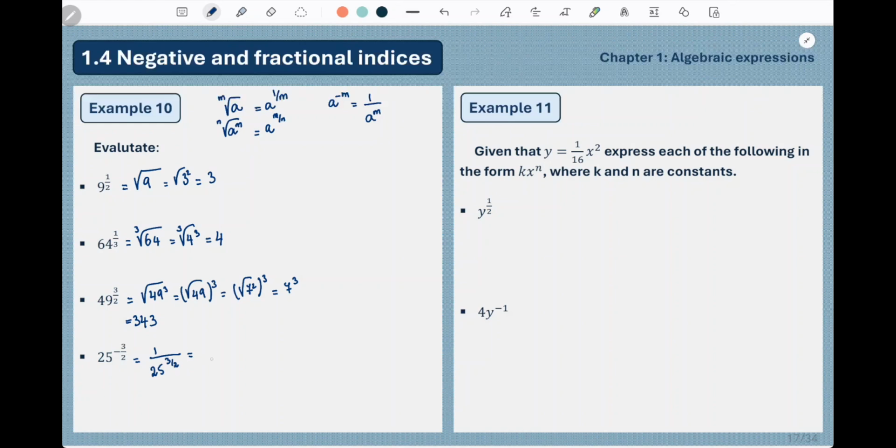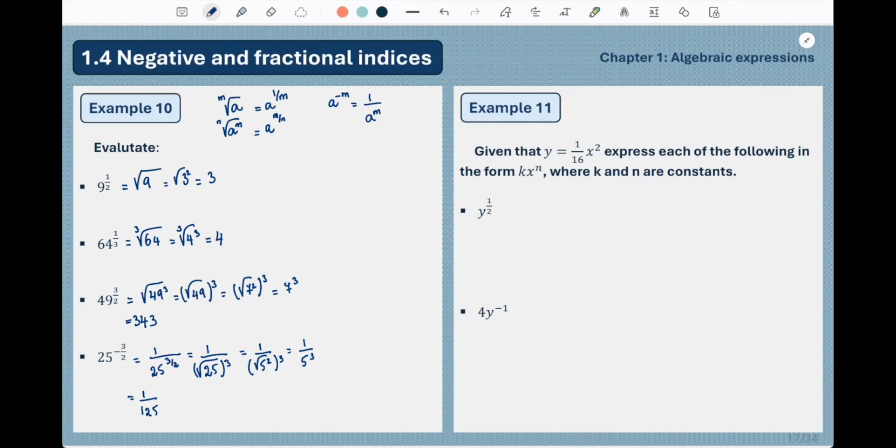So it's 1 over the square root of 25 to the power of 3, which is 1 over 5 to the power of 3, because the square root cancels out the square. That is simply 1 over 125.